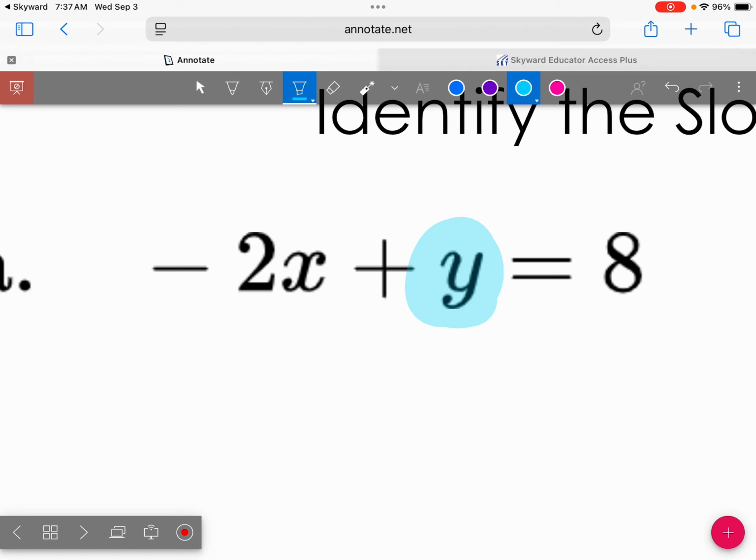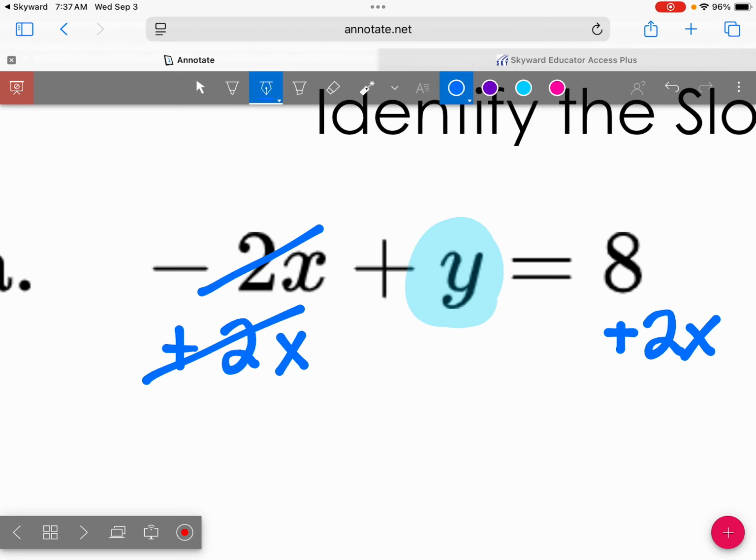If I want him by himself, what do I need to do with that negative 2x? Add it. If I add 2x to both sides of my equal sign, this guy and this guy are going to cancel out. We're going to wind up with 0 x's on the left. That's my goal. I want 0 x's on the side that has my y.